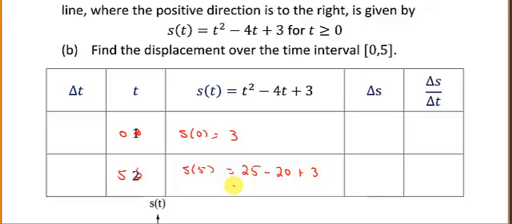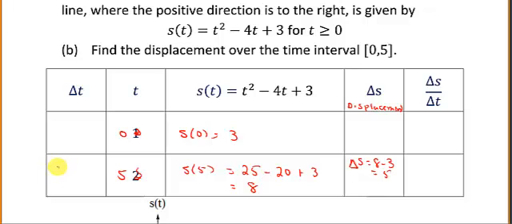This is going to be 5 plus 3, or 8. The change in position, the displacement, is going to be 8 minus 3. That's going to be 5, not negative 5. So our position has increased by 5 units.